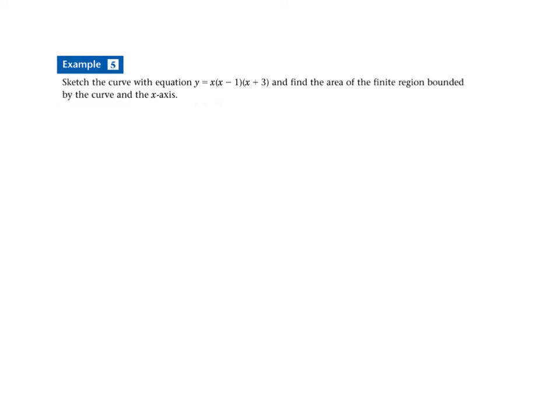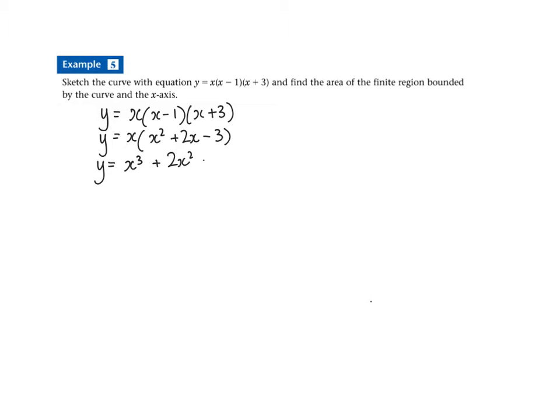So if we take y equals and then multiply this out, we're going to get x times x squared, plus 2x minus 3. So the actual curve is x cubed plus 2x squared minus 3x. So that's what we're going to have to integrate to get the area.